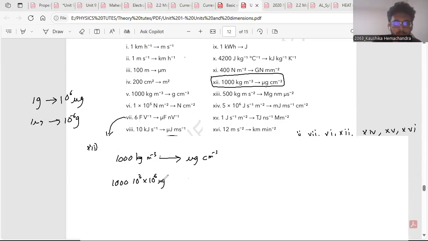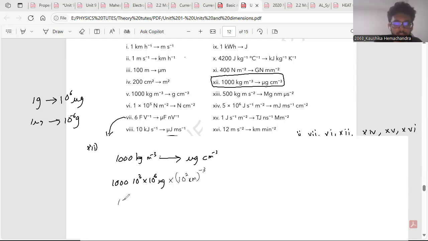So 10 to the power 6 microgram per cubic meter. So per cubic meter to per cubic centimeter. That is 10 to the power, sorry, not minus 2, 10 to the power 2. 1 meter is 10 to the power 2 centimeters, right? 100 centimeters is 1 meter. But it's now per cubic meter.